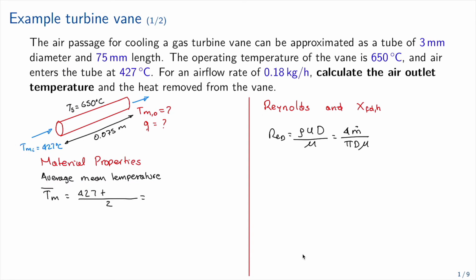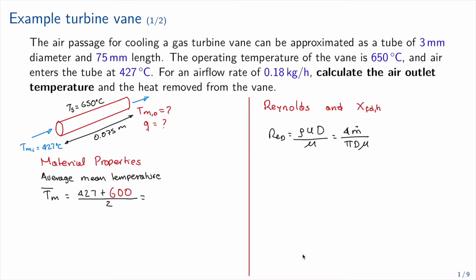However, the outlet temperature is unknown, so we have to assume some temperature. So the temperature will be something in between 427 and 650. So it is right to assume a value of 600. We can always go back after we finish the exercise and do a second iteration.